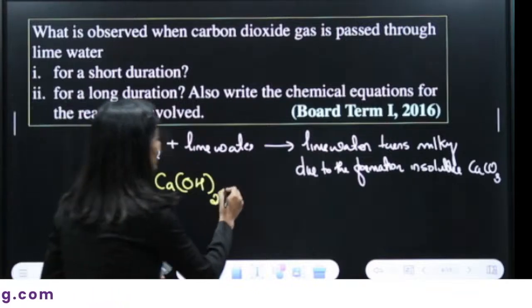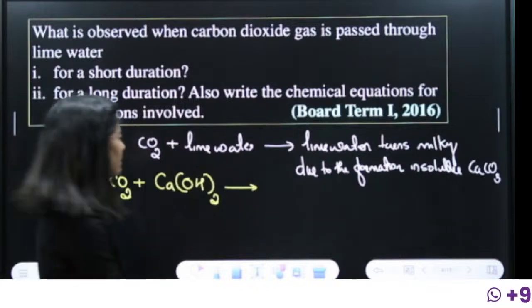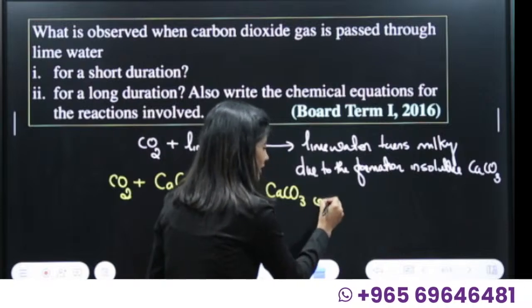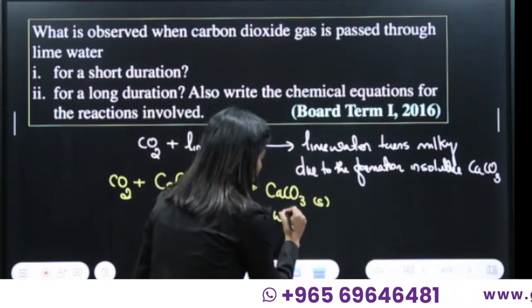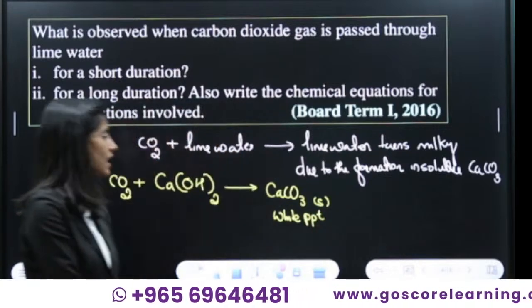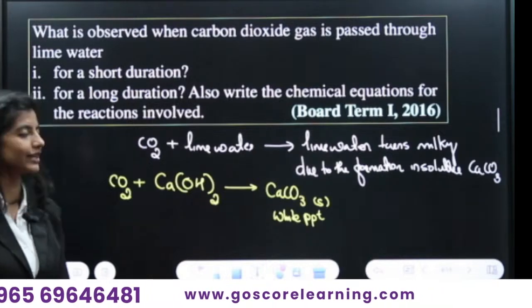Now, when we mix these two together, definitely we are going to get an insoluble calcium carbonate, that is CaCO3, which is solid in state and which is a white precipitate. And writing byproducts is again an important task that you have to follow.